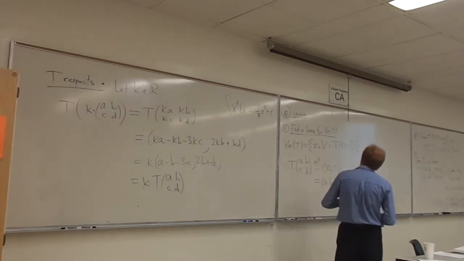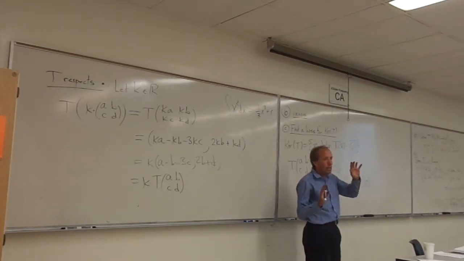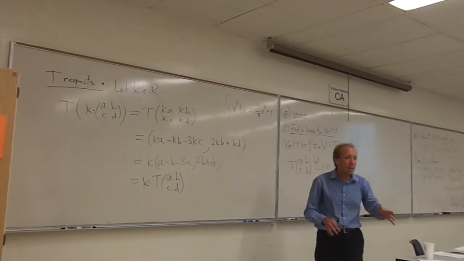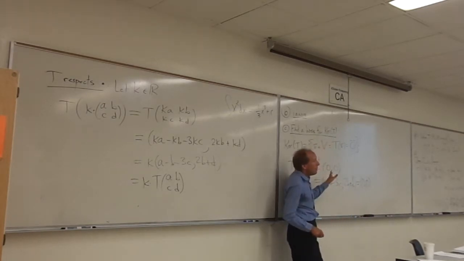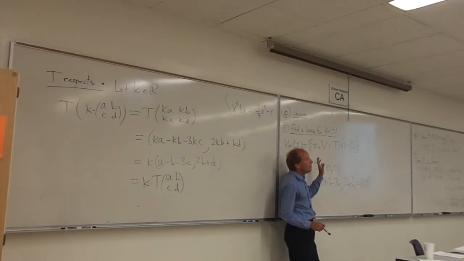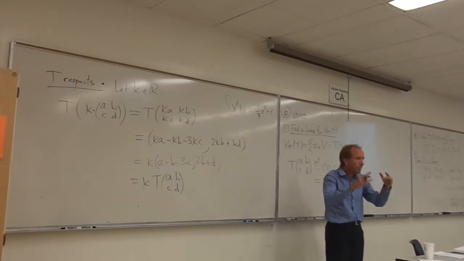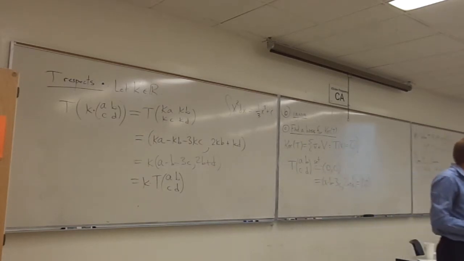Yeah, kind of. It's going to end up in a matrix eventually, but I don't want to jump that quickly through it. Basically, the key thing here is that the kernel is a subspace of V. So my answers should look like what kind of creatures? 2 by 2 matrices, right?